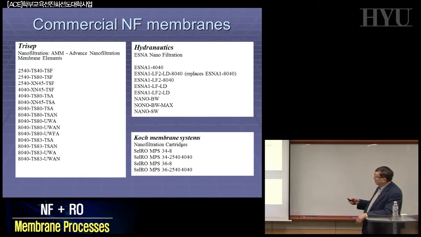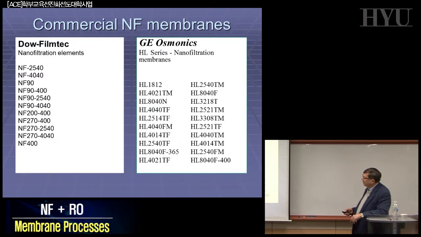Okay? Again, here you can see a large variety of these materials, and each one of these numbers gives the cutoff, the selectivity of your membrane. So it's a wide spectrum of systems that you can utilize. Most of them are normally flat sheet in a spiral wound configuration, or in some cases also hollow fibers.